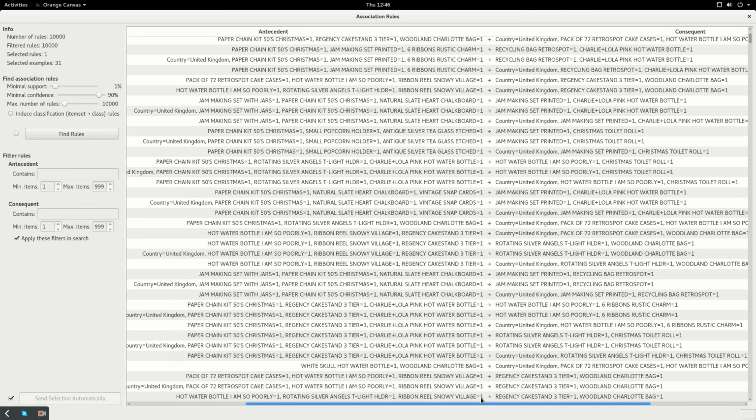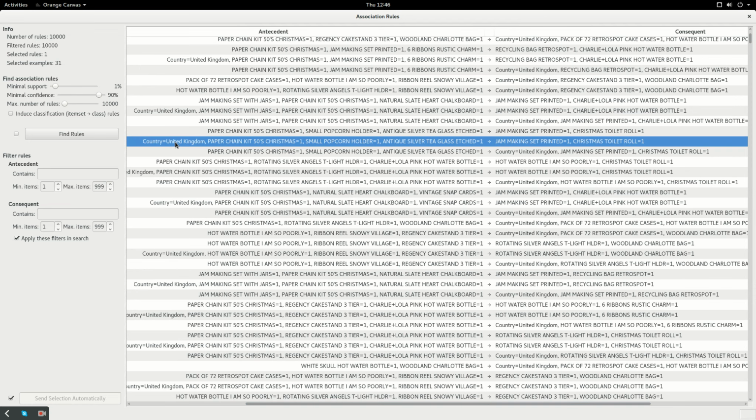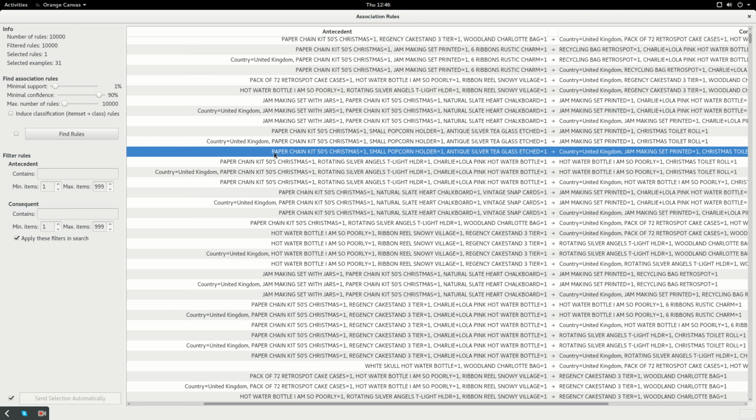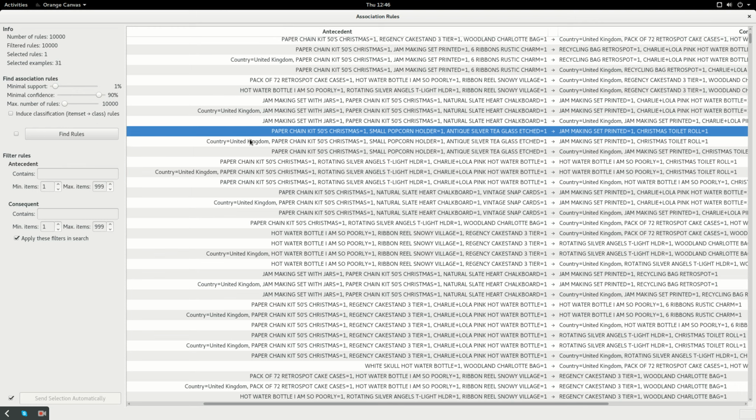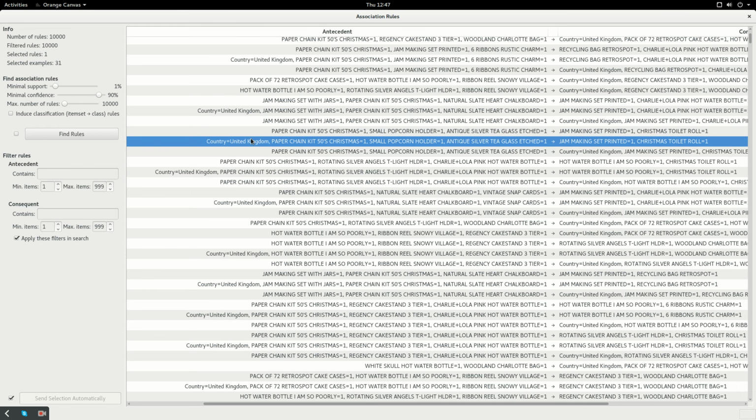We would need to sort through a couple of these because there is a lot of repetition. Like these two rules over here. Country United Kingdom, they bought this set of products, then we should advertise these sets of products. But the only difference between these two rules is the country.